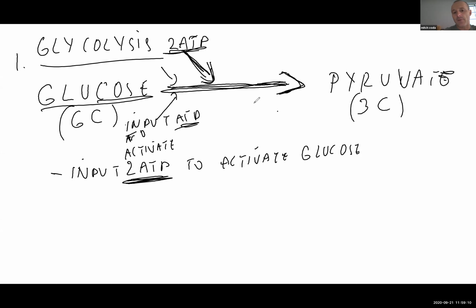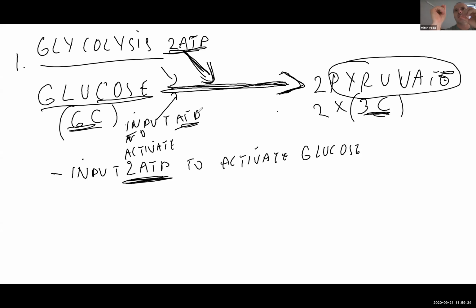As it's broken down and oxidized through this process, eventually you produce 2 pyruvates. Why? Because each molecule of pyruvate has 3 carbons, and initially glucose has 6 carbon. If I break a stick into 2, I need 2 pieces at the end to match the initial size of the stick. The same thing here: 6 carbon, and I need 2 3-carbon molecules to end up with 6.